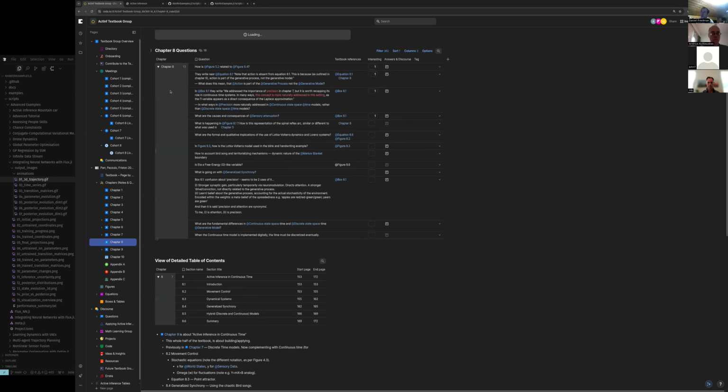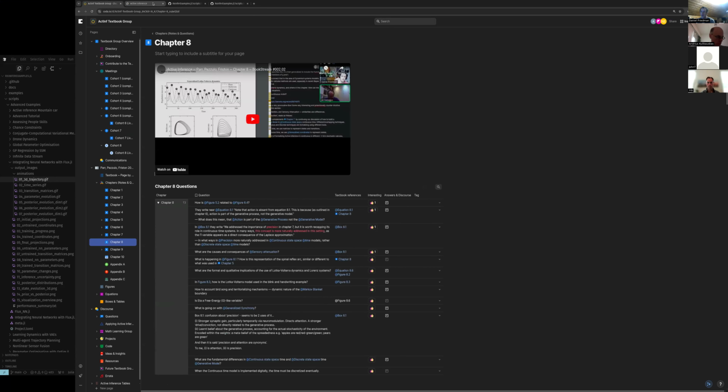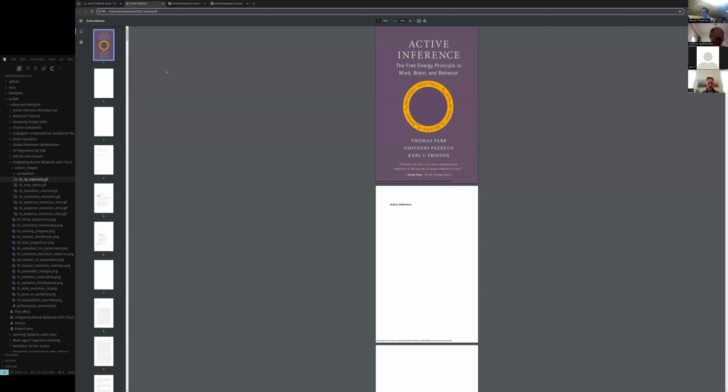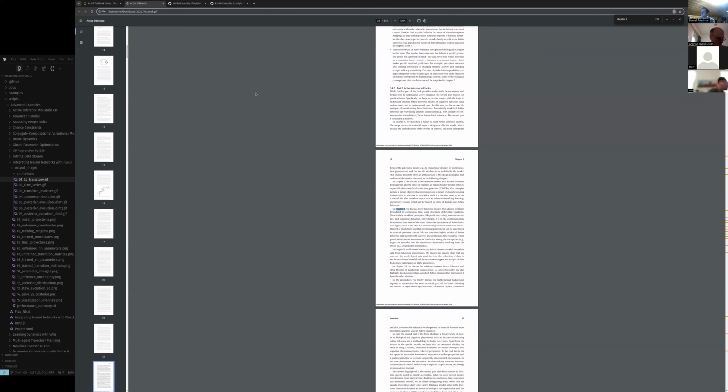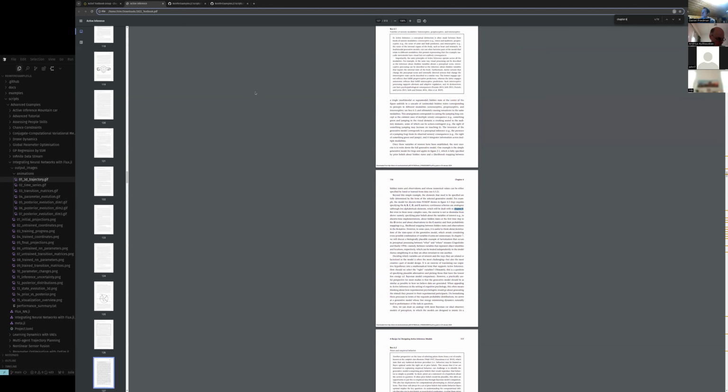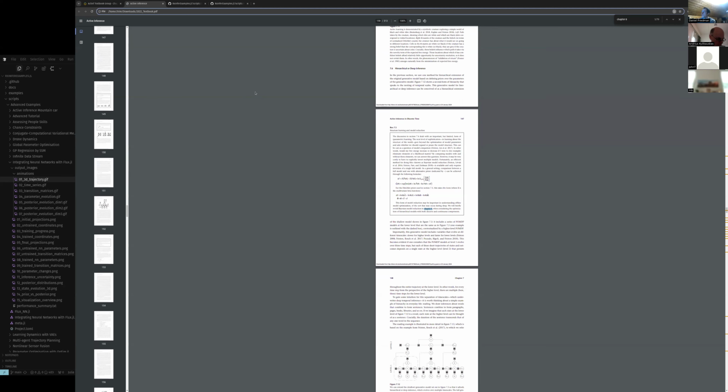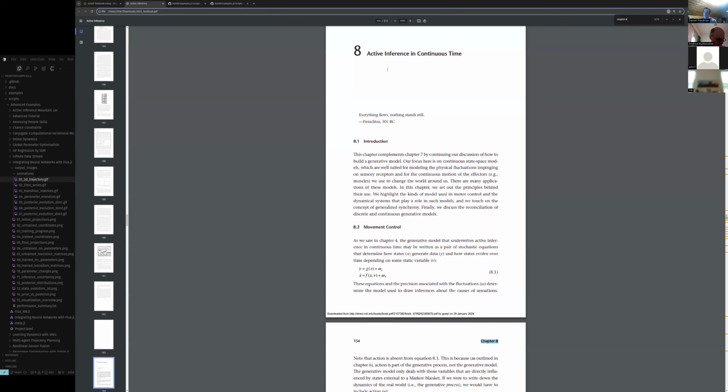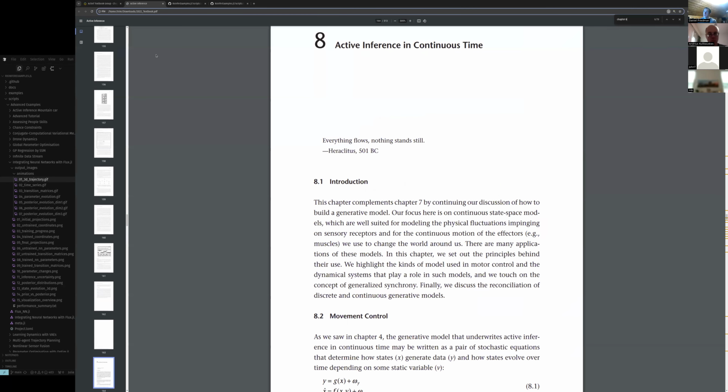So there's a few ways we can go. We can look at Chapter 8 in the context of the book, in terms of continuous time modeling, following up on Chapter 7 from discrete time modeling.